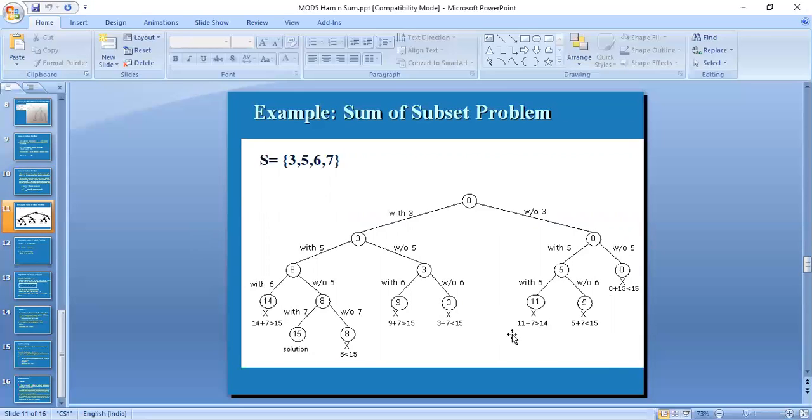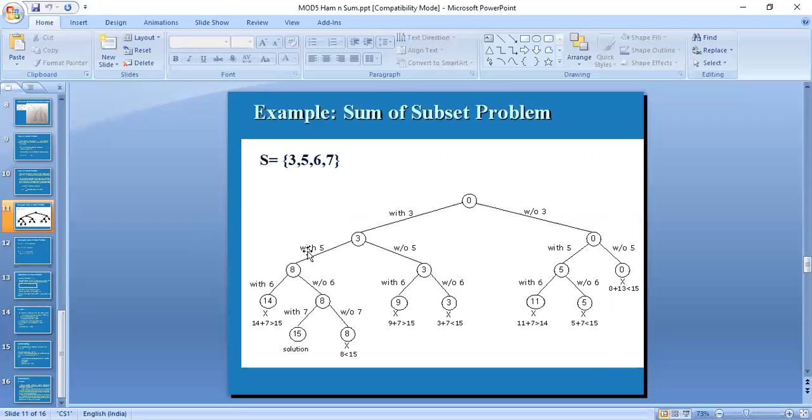Now the entire tree structure is over by completing the inclusion and exclusion of all the items in the given set. So now we need to find out whether you have obtained a solution. If you have got a solution, just from the root node till you reach that particular leaf node, find out what are the edges you have.